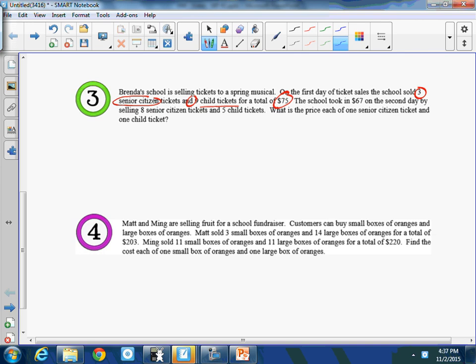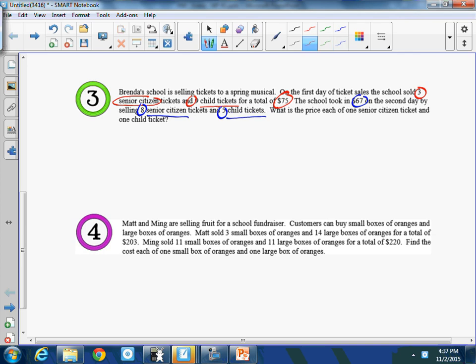The school took in $67 on the second day by selling 8 senior citizen tickets and 5 child tickets. What is the price of each of the senior and the children's tickets?